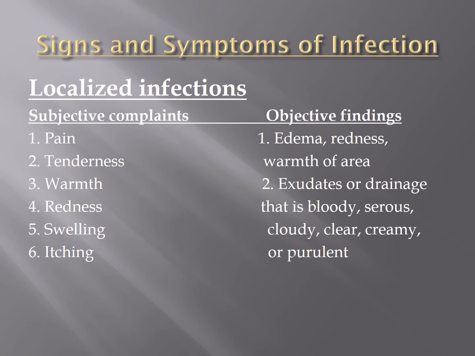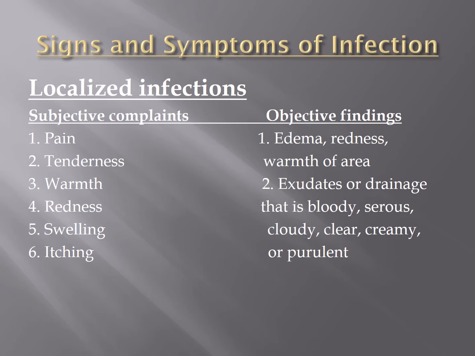By localized infections, I mean infections that are localized at a certain location, meaning that the infection could be on your skin, it can be visible. The infection can be obvious on the breast, for example, if a woman develops infection of the breast. So these are the subjective symptoms that will show.